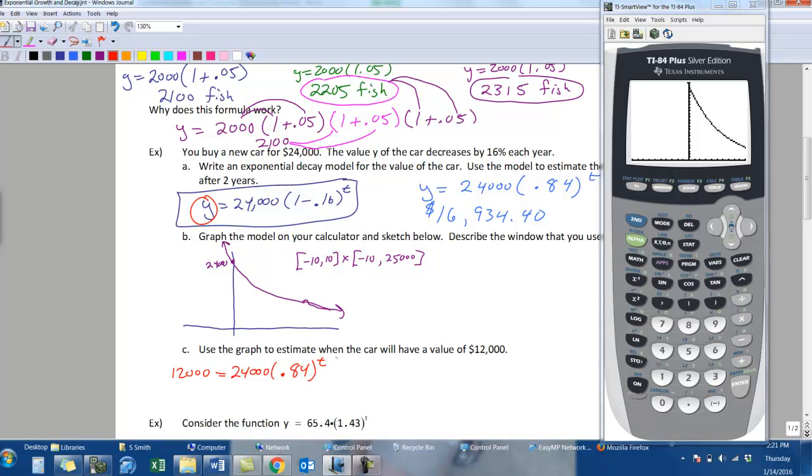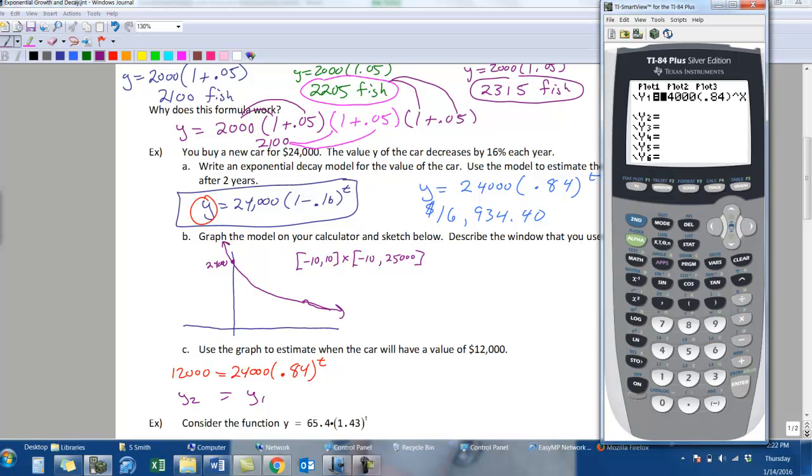One way we could solve this, as we get deeper in this unit, we'll learn how to solve this algebraically, but for right now, we're going to solve this graphically. This is already our y1 equation inside our calculator. We're going to put in 12,000 for y2. So go into y equals, and in y2, put in 12,000.